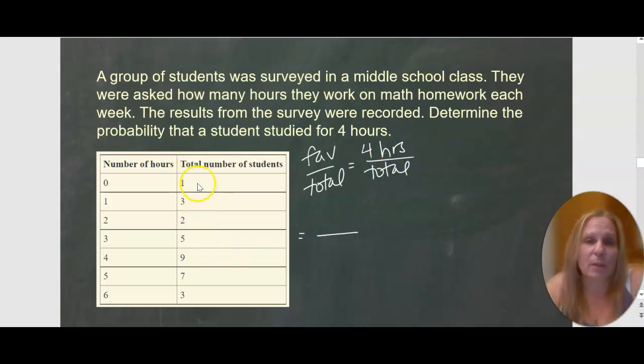So let's look at that. To get the total number of students, I'm going to have to add all of these up. I really should have brought a calculator with me, but I am going to use my number sense instead. So I know that 7 and 3 makes 10.